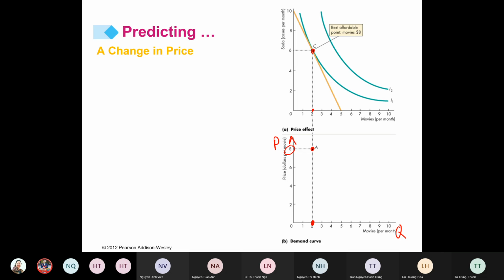So what should be the best optimal consumption combination between movies and sodas, illustrated by the first figure and then another point in the second figure?